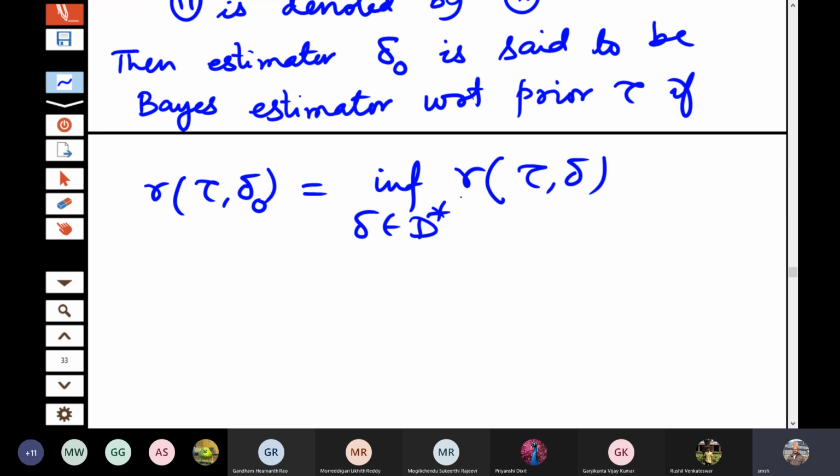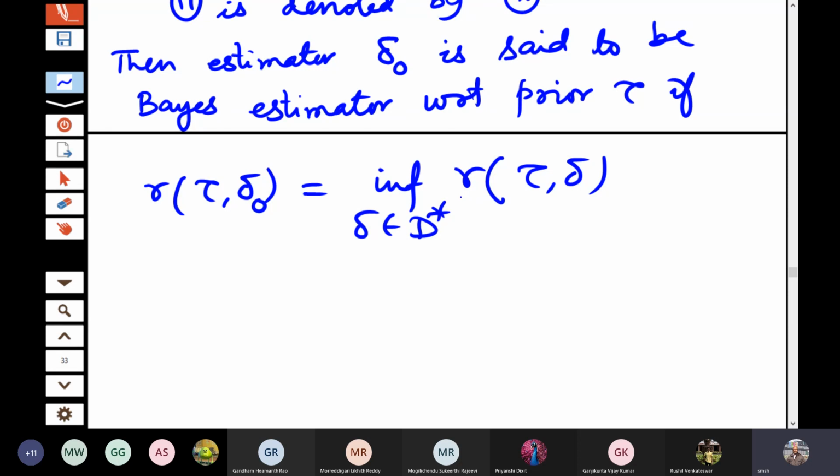However, it was proved by Abraham Wald and then by many subsequent authors that in any given decision problem, all good estimators are in some sense Bayes estimators, and therefore whether we take this prior or that prior, we are going to end up with a good estimator only. So nowadays Bayesian estimation is actually one of the most prominent research areas in statistics, and a lot of prominent statisticians are working on that.